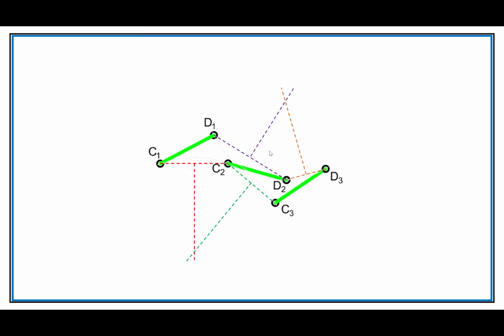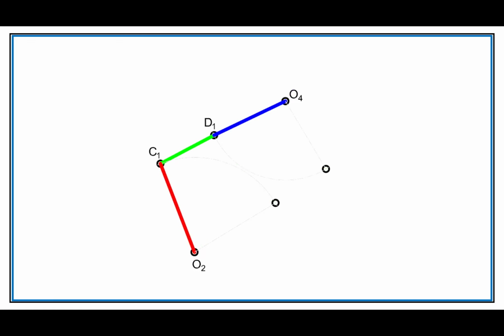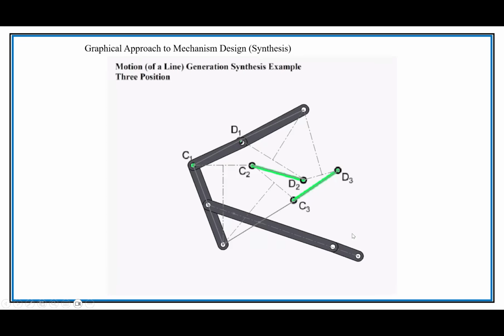You can see that these are the 2 ground points, O2 and O4. Then we can draw in the links that go from those grounds to the attachment points C1 and D1, and you can see that this passes through them. It's all because there's a center of a circle that passes through all 3 points.